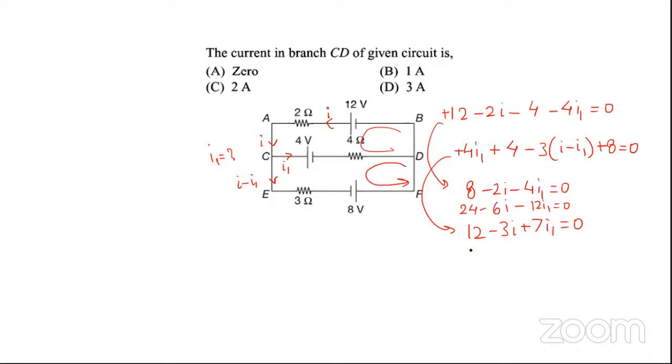And if I multiply this by 2, I'll get 24 minus 6I plus 14I1 equals to 0. And if I subtract both of these equations, I'll get minus 26 I1 equals to 0. That means I1 equals to 0. So that means A is the answer and no current is flowing in this branch.